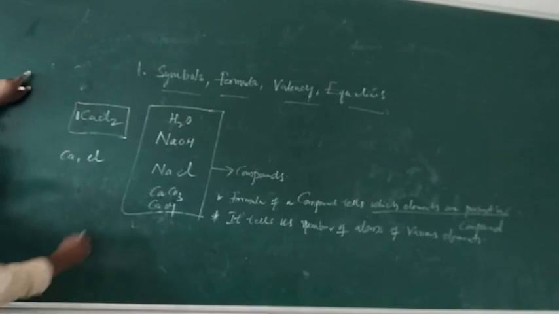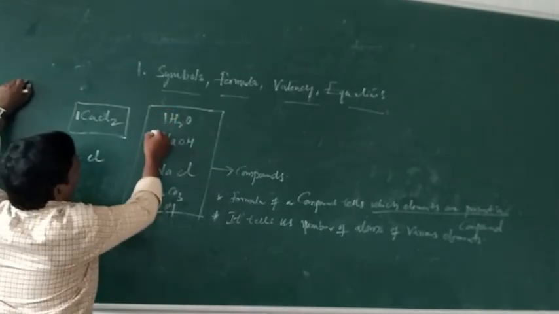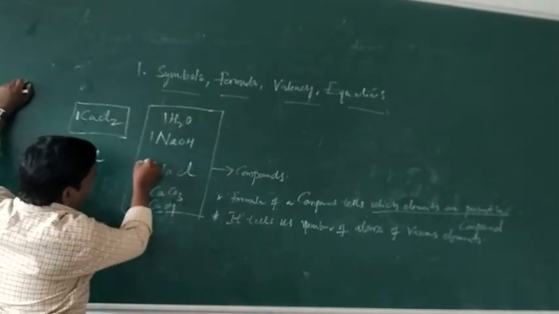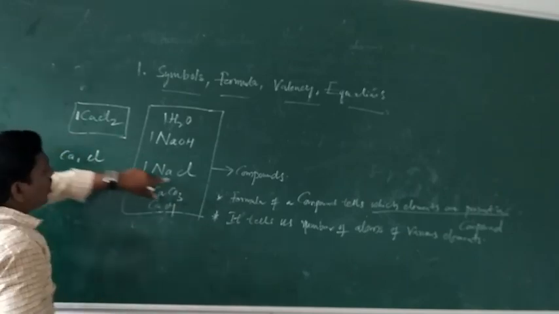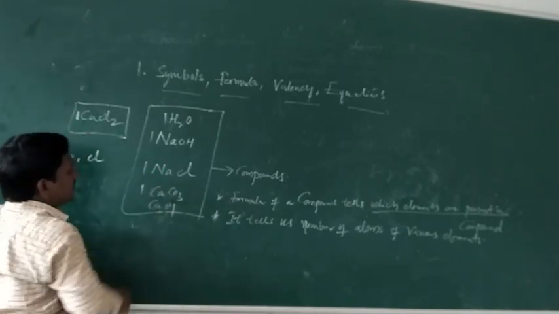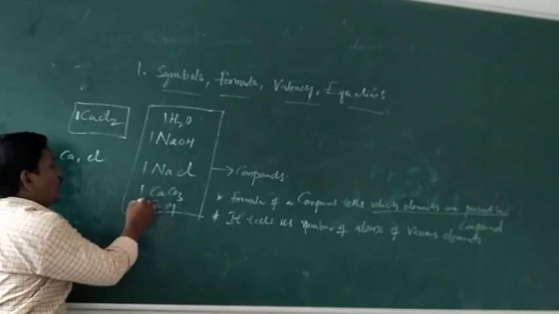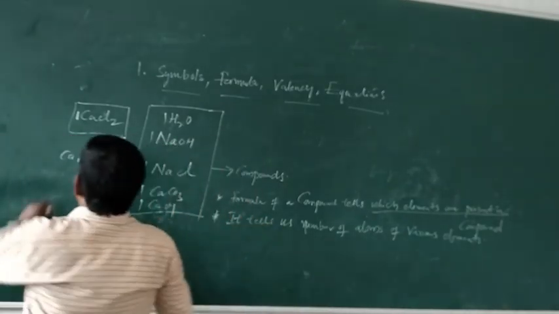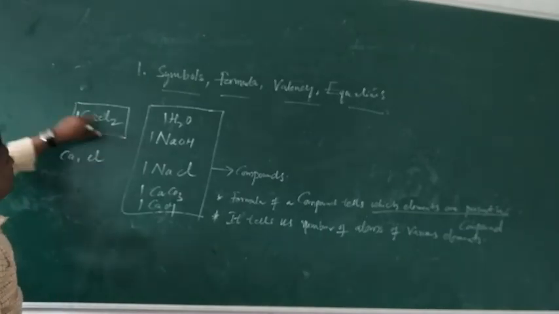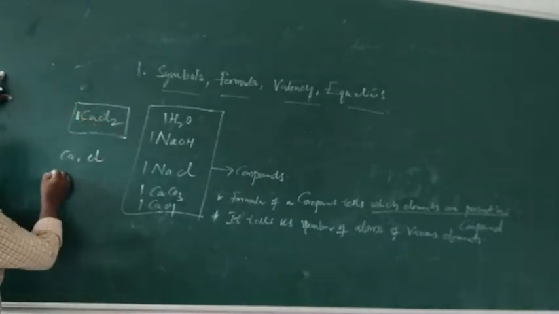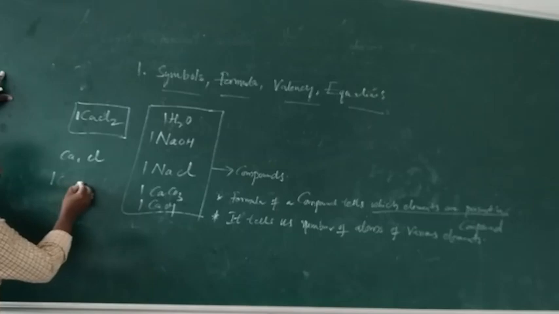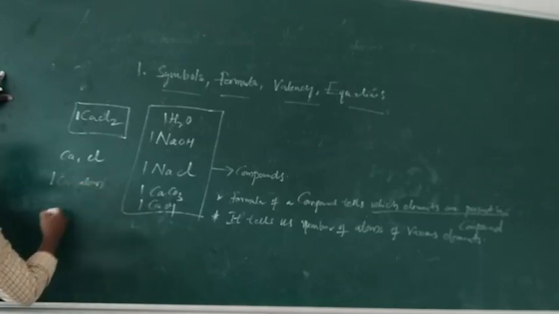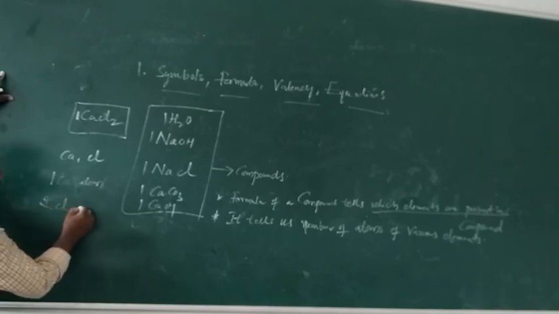Only one molecule. Here one H2O, one NaOH, one NaCl compound, one molecule of CaCO3 compound, one molecule of CaOH compound. So how many atoms are there? Here only one Ca atom and 2 Cl atoms are there.